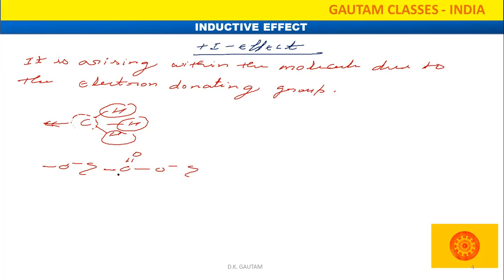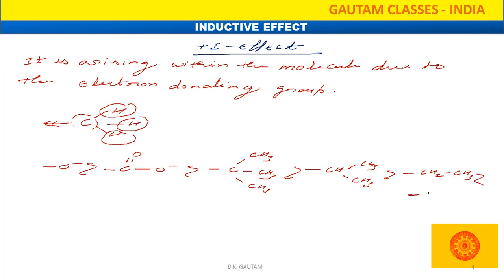This one has the highest, then after that this one, then the tertiary carbon, then secondary, then primary, then at the end methyl and least deuterium, then hydrogen. That is the plus I effect order.